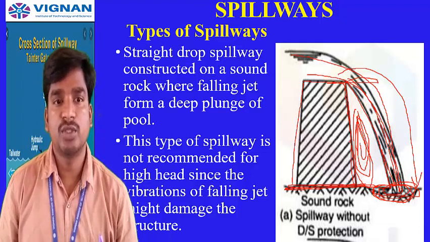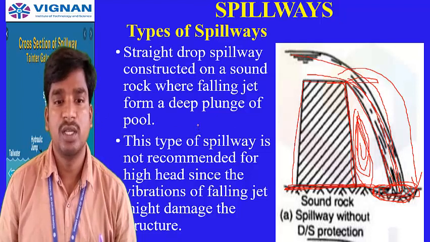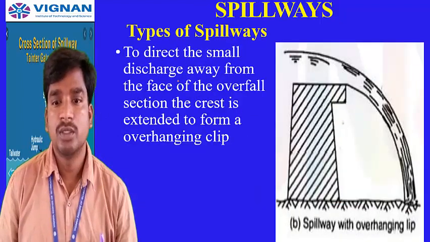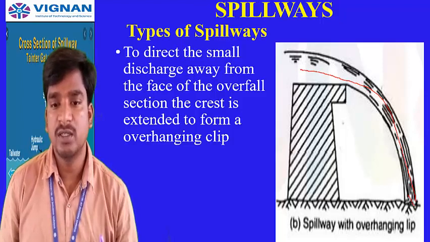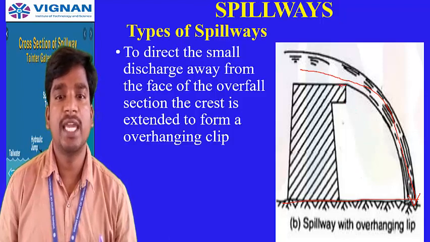Some other ways are also there. This is one more possible way of providing the spillways. Now if you go for the second arrangement, here we want to keep the water jet away from the spillway surface. So we are extending the overhanging portion.